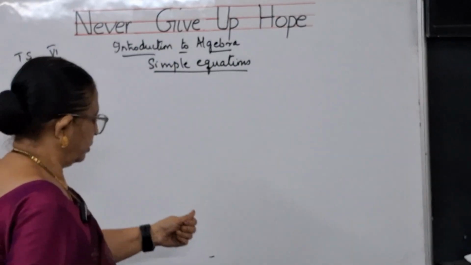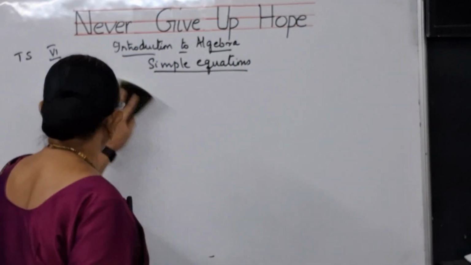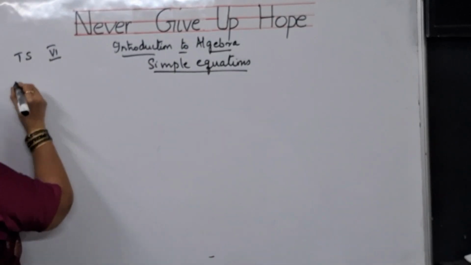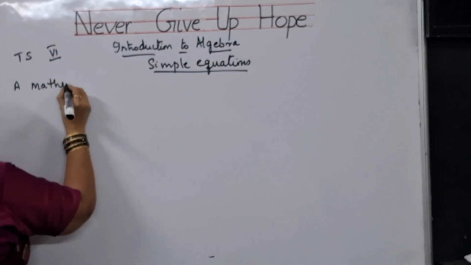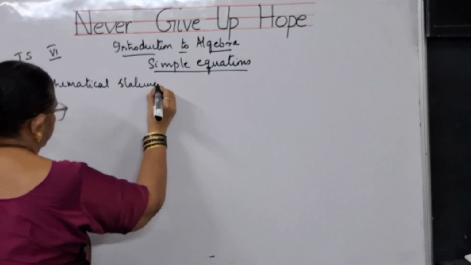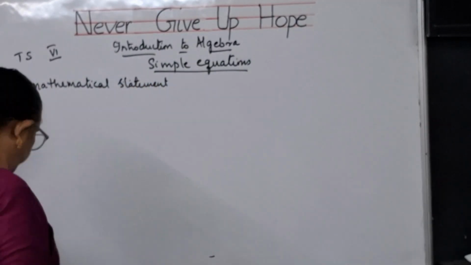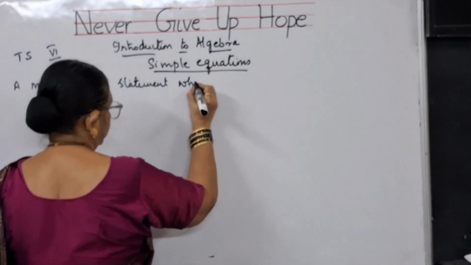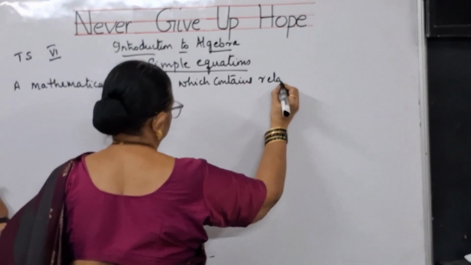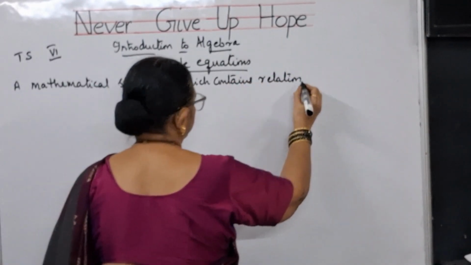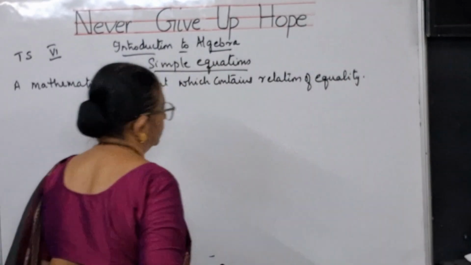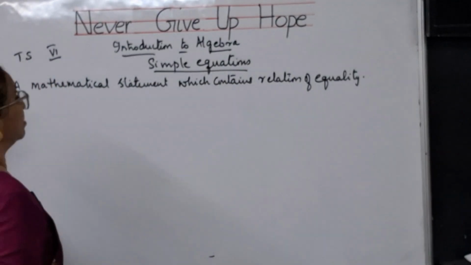The definition of simple equation is, it is a mathematical statement which contains a relation of equality. That means what? There is an equal sign.